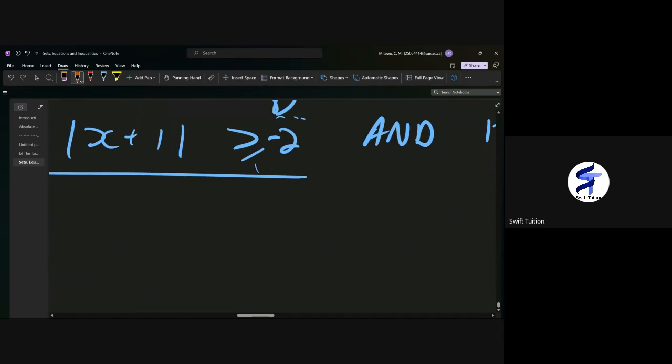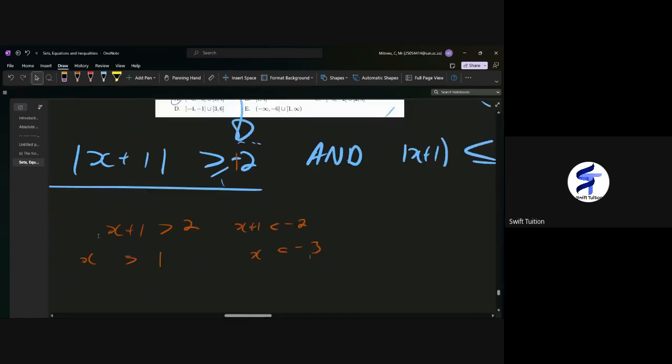Obviously this was positive, this is positive, so we're going to be on the outside of plus and minus a. In essence, x + 1 is going to be on the outside of this, and x + 1 on the outside of that. So x is going to be greater than 1, and x is going to be less than -3.